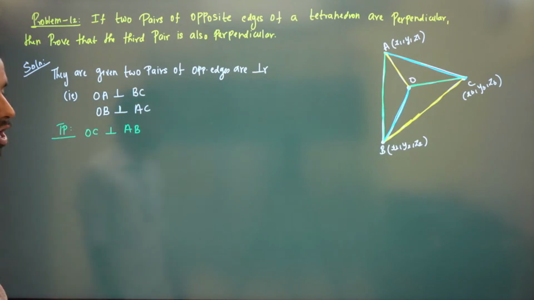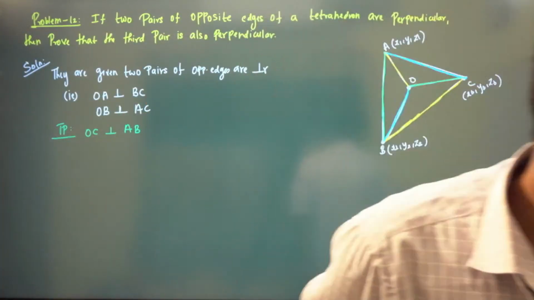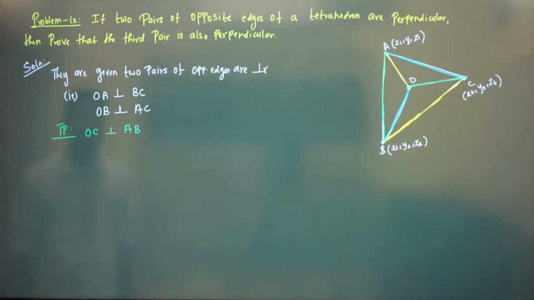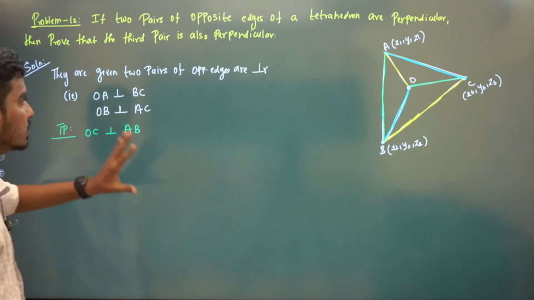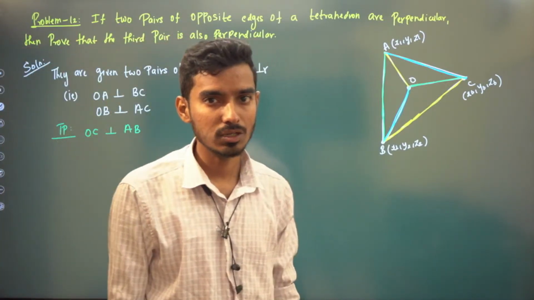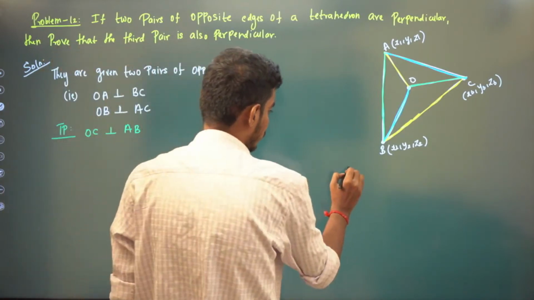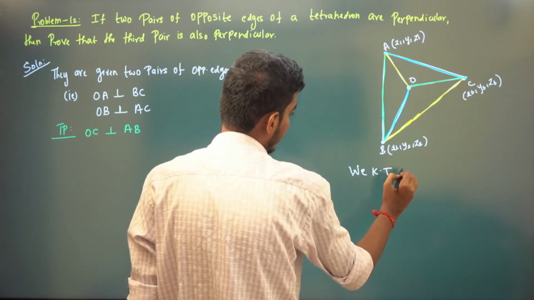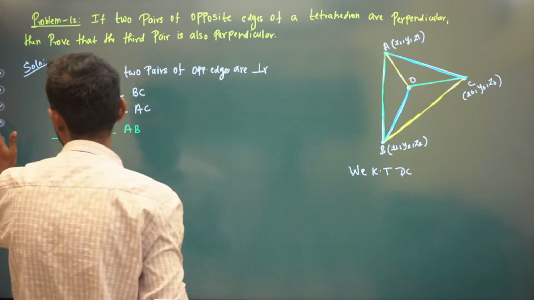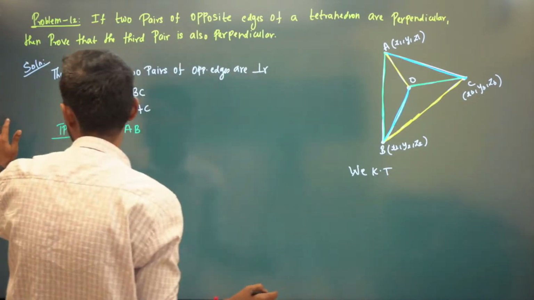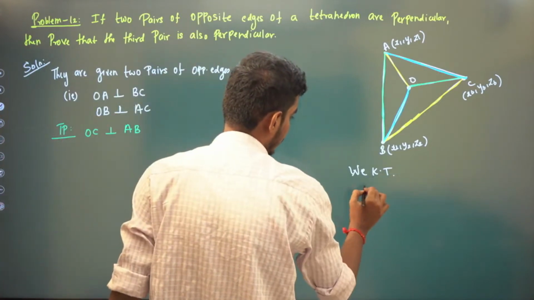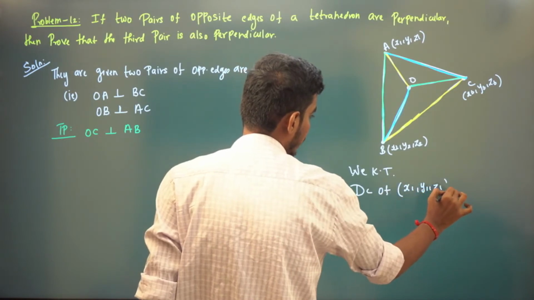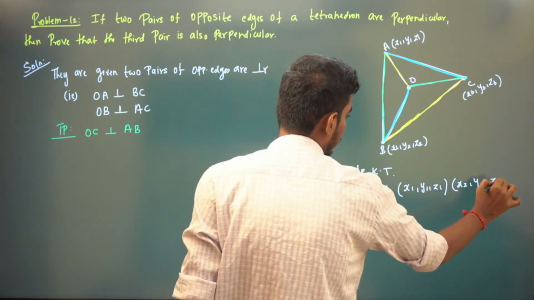So if two pairs of opposite edges are perpendicular, then the third pair is also perpendicular, right? So we will prove this in terms of direction ratio, not in terms of direction cosine. We know the direction cosine of the line joining two points x1, y1, z1 and x2, y2, z2.